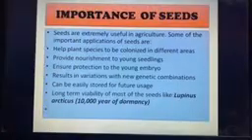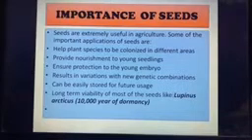Now we come to the importance of seeds, right? Seeds are very important in agriculture. When the moisture of the seed is removed, it becomes very dry, and in that dry condition it stays alive for many years. So the viability of seeds may be a few months or it may be many years, right?